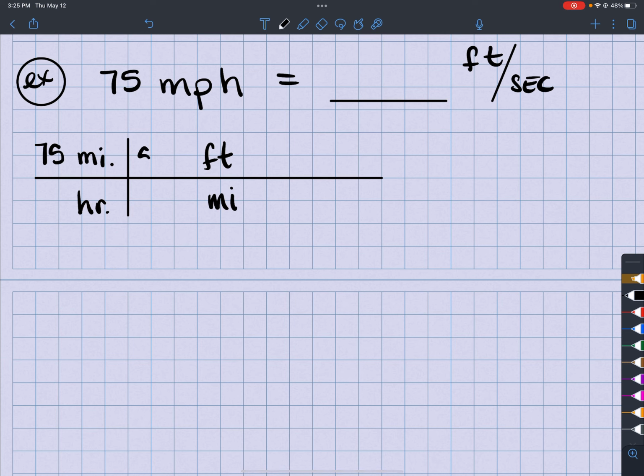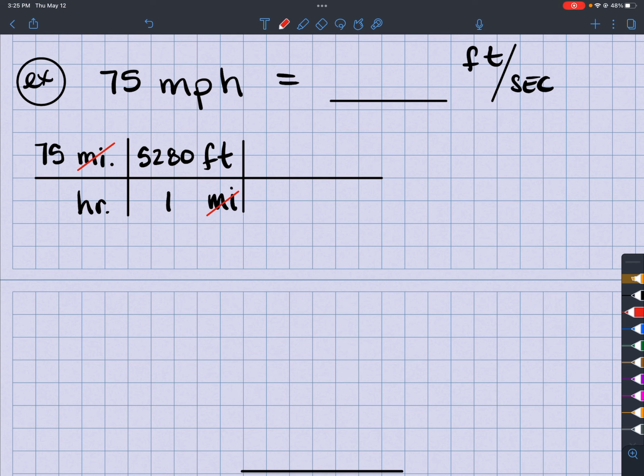I know that there's 5,280 feet in 1 mile. With that being said, look at what happens: the miles go away. Great, so I have taken care of the miles to feet. Check.